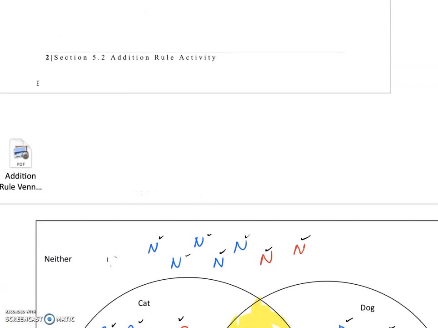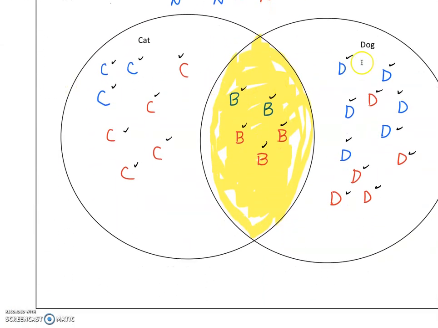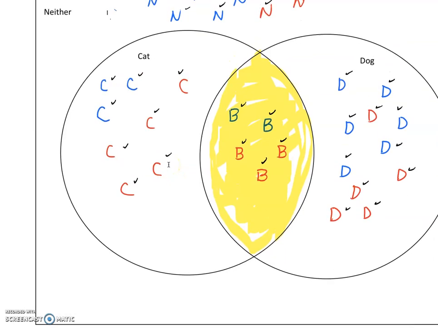So we can either count how many total households we have within our circles, or we can use the formula. So let's start just by counting, and then we'll do the formulas and we'll see if we come out to be the same thing.